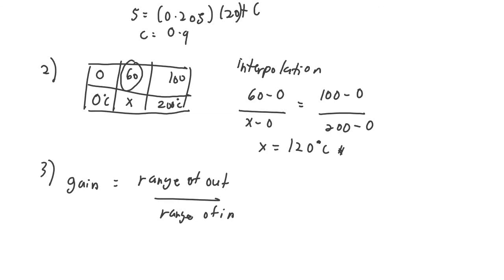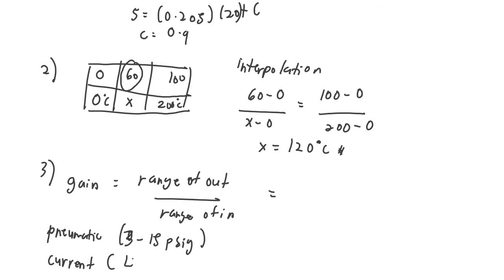The pneumatic transducer operates from 3 to 15 psig. The current signal is from 4 to 20 milliampere.